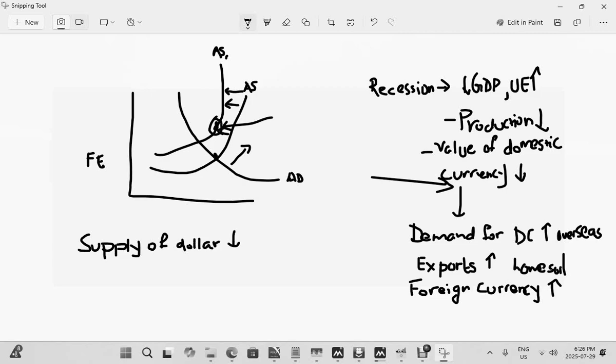Because the supply of dollar goes down simultaneously as the aggregate demand goes up, the foreign exchange rates will climb. If this is euro, your euro per dollar will be much higher, stronger.